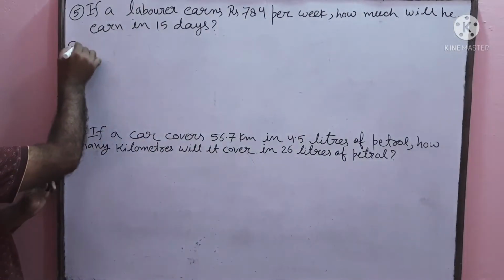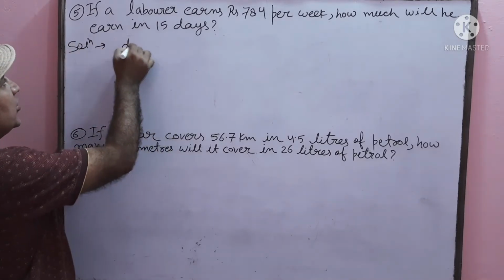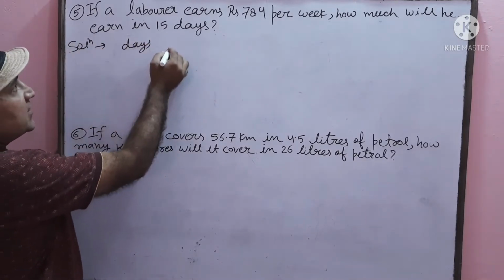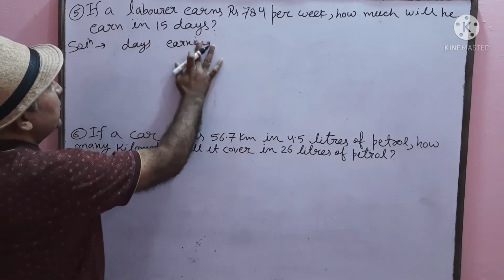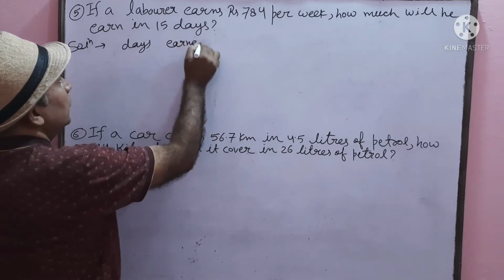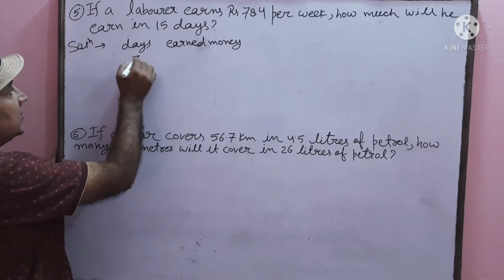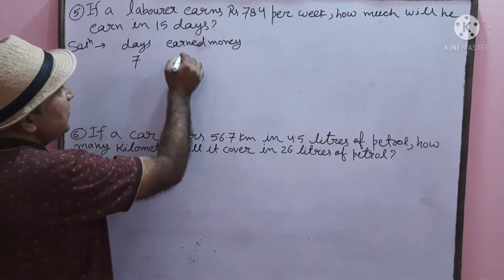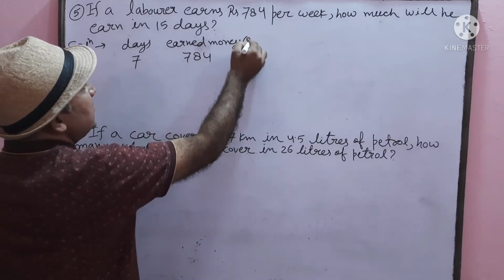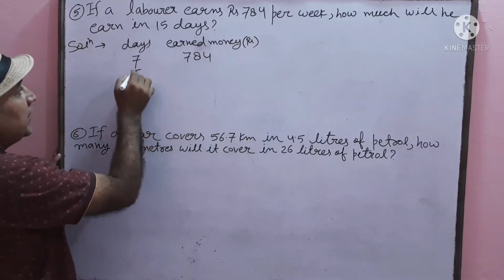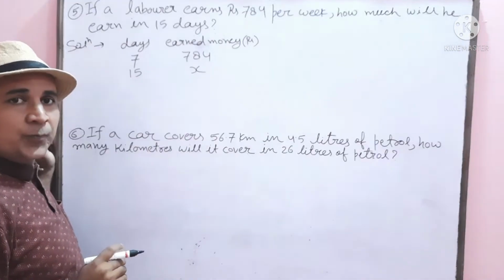Again, how to solve this one? There are two things. First, number of days, and second is the earned money. So you can see that when 7 days are there, the earned money is 784 rupees. Then in 15 days, suppose the laborer is earning X rupees.